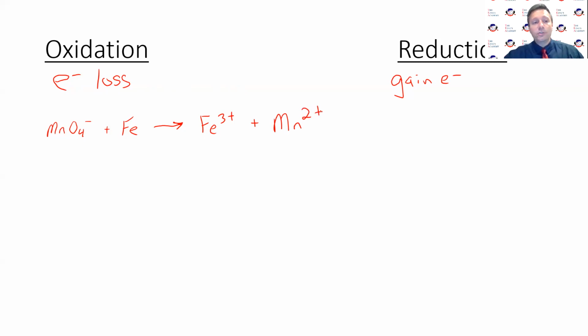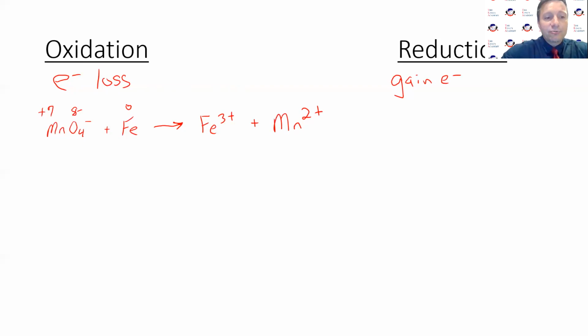So the first thing I have to do is identify my oxidation numbers. So we know this oxygen is a 2 minus, so this is going to give us an 8 minus on this side, meaning this manganese must be a plus 7. Iron in its natural state of solid is 0. We have a 3 plus on the next iron and a 2 plus on the manganese.